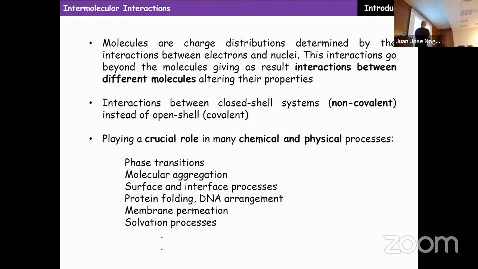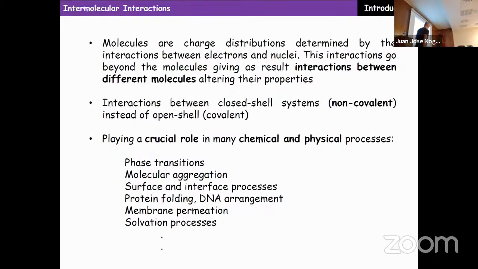Well, starting with the introduction, you know that the molecular charge distributions are electrons and nuclei, okay, but this interaction goes, you know perfectly, beyond the molecules. As a result, interactions between different molecules alter the properties. Okay, this is the interaction between electrons and nuclei from different molecules. So this is much more complicated to deal with than the interaction in molecules, intramolecular interactions.